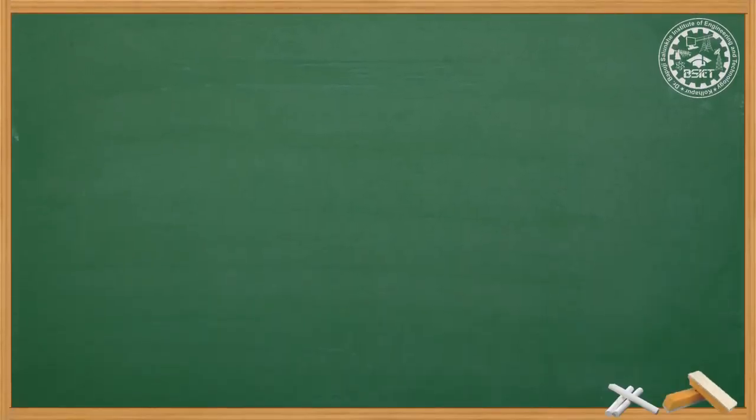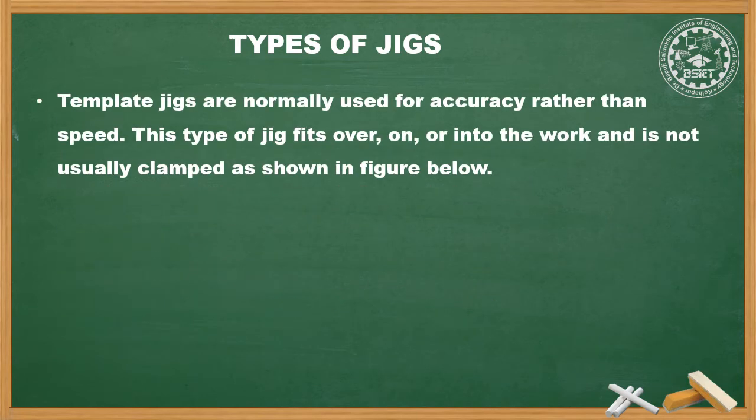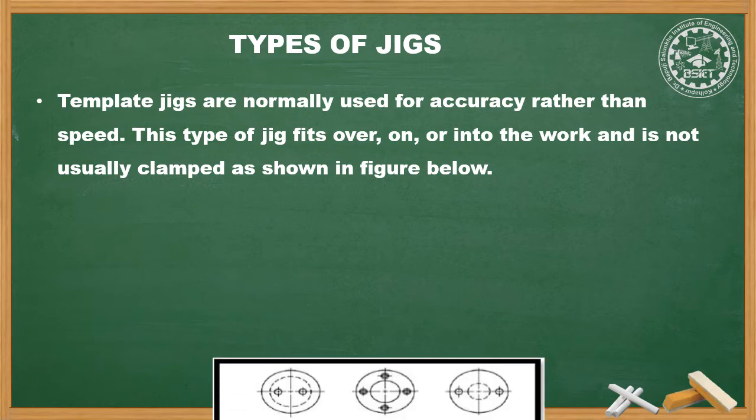The second type of jigs is template jigs. Template jigs are normally used for accuracy rather than speed. This type of jig fits over or on or into the workpiece and is not usually clamped, as shown in the figure below.